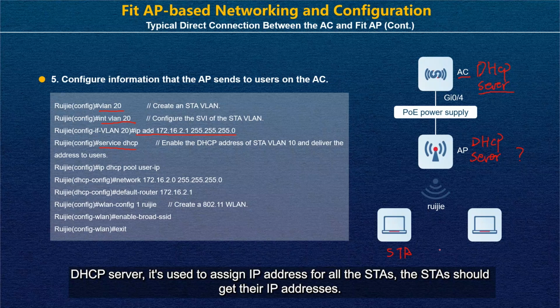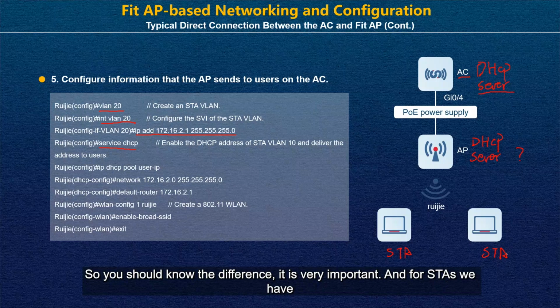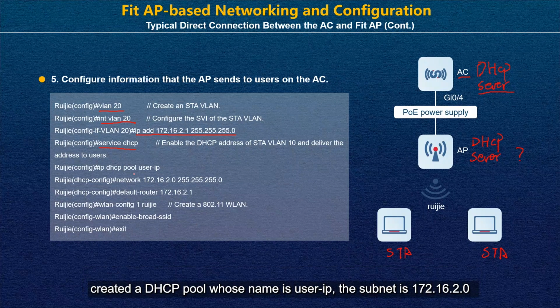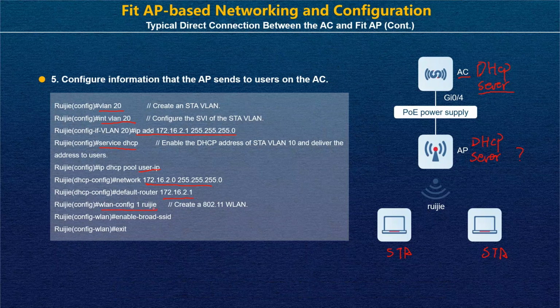The STAs should get their IP address. Okay, so you should know the difference. It's very important. And for STAs, we have created a DHCP pool whose name is user IP. The subnet is 172.16.2.0, mask length 24, gateway is 2.1.